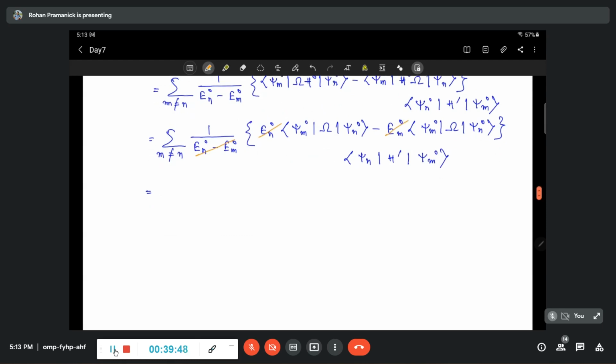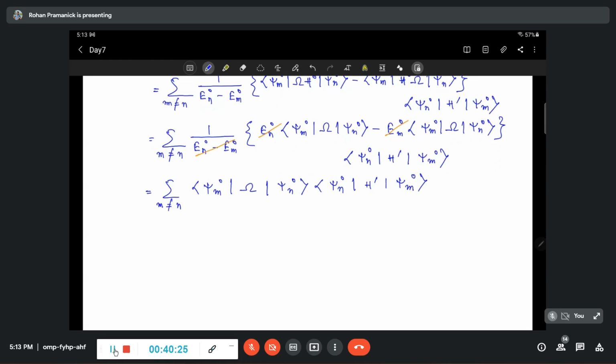So I hope you can understand. There is a sum over m not equal to n, and then you have psi m0 omega psi n0, and from here you have psi n0 h prime psi m0.